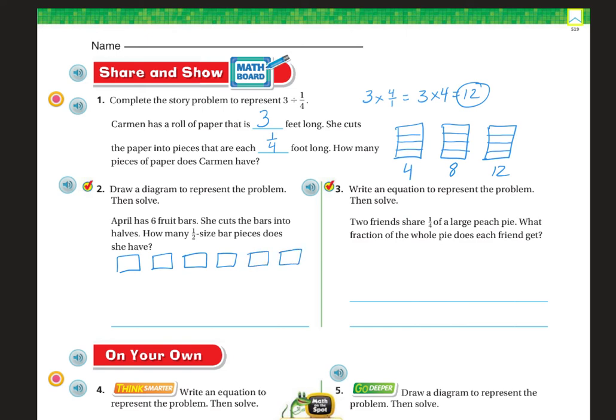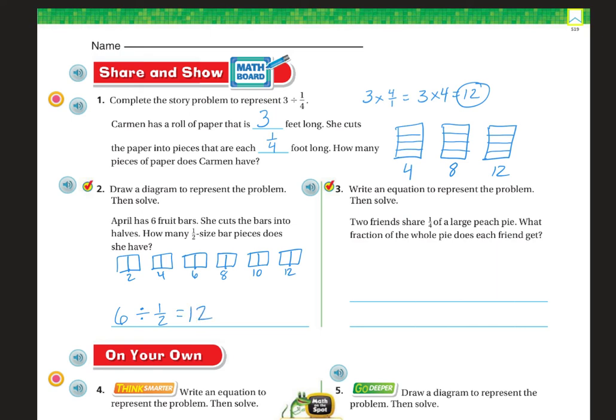She cuts the bars into halves, so half, half, half, half, half, half. All right, we are dividing 6 divided by 1/2. How many pieces does she have? She has 2, 4, 6, 8, 10, 12. She has 12 pieces. There you go.